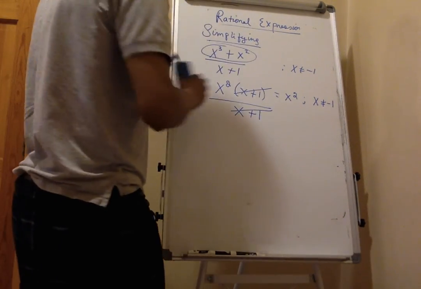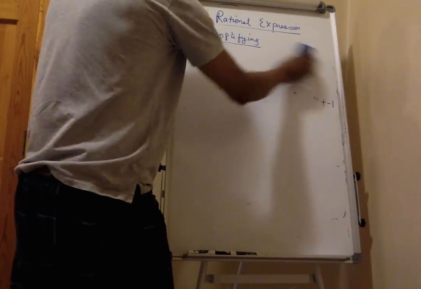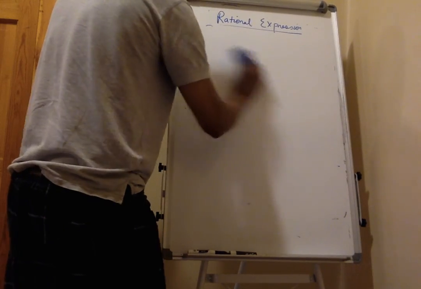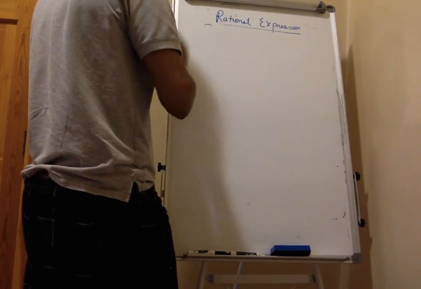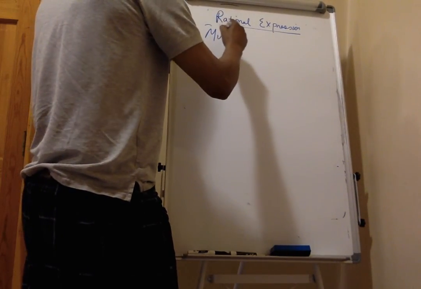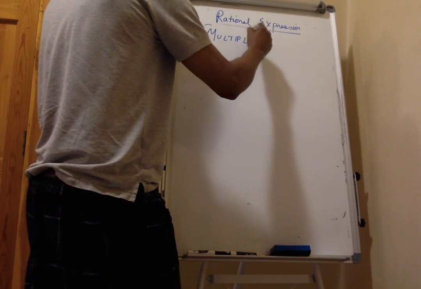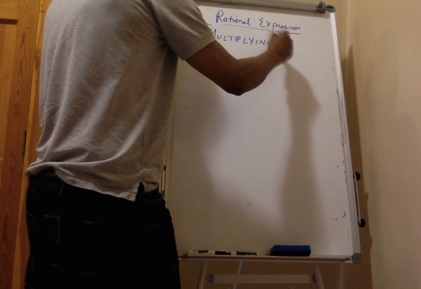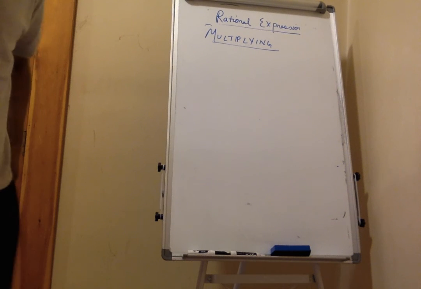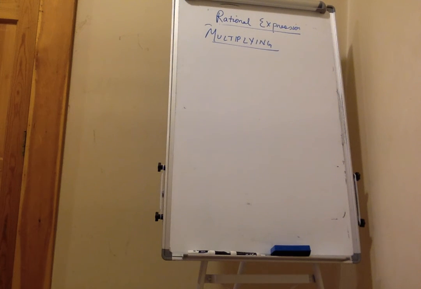Simplifying, we can also use that by multiplying rational expressions. So let's do multiplication. Again, it's the same concept as simplifying.